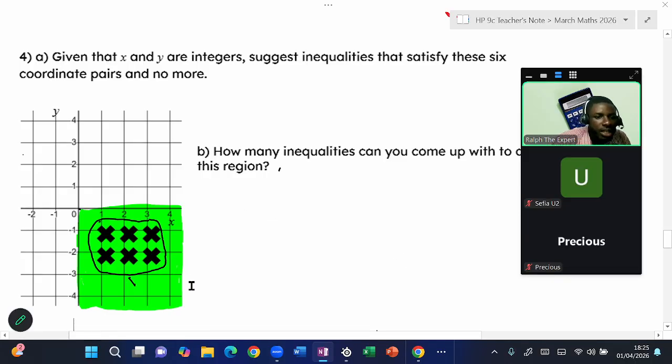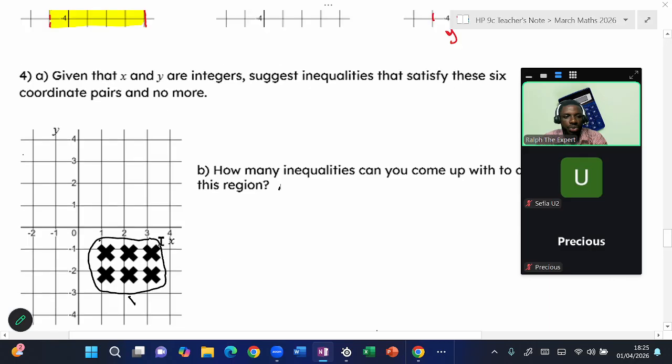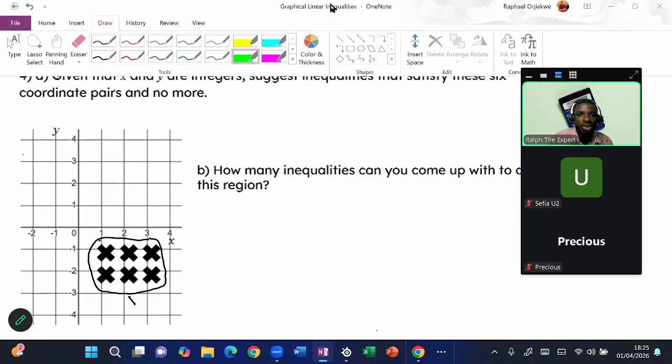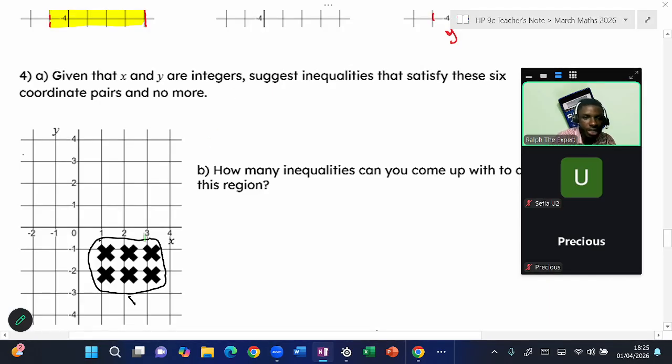In short, let me even further limit it. Just a moment, please. Let me undo all of this shading. I'm going to make it even smaller so that it's going to make even more sense here. So I will shade it. I will stop it at 4. It's up to you to decide what the inequalities are going to be.